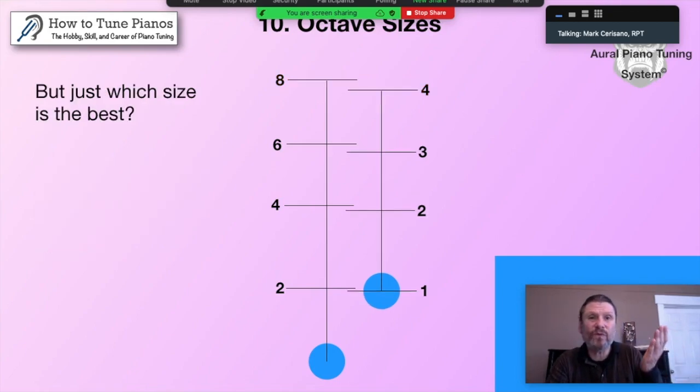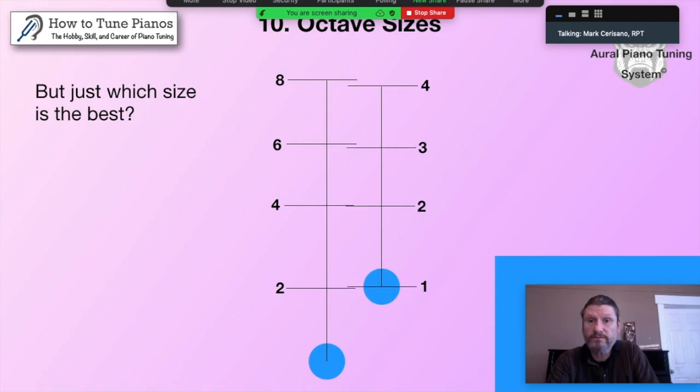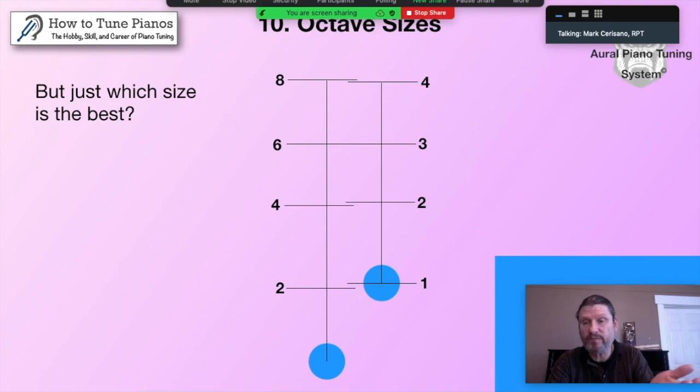But what's the best size? Just which size is the best size for a piano? The 2-1? Somewhere between the 2-1 and a 4-2? The 4-2? Somewhere between the 4-2 and the 6-3? The pure 6-3? When I say the 6-3, I mean pure.